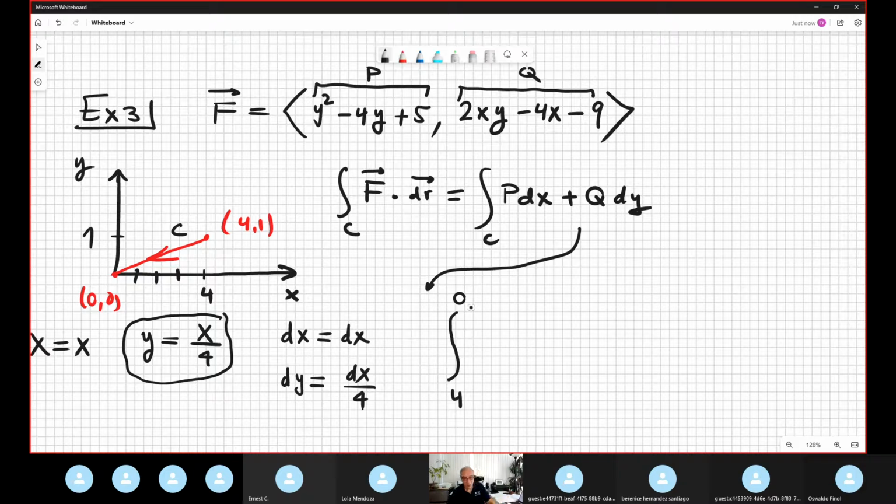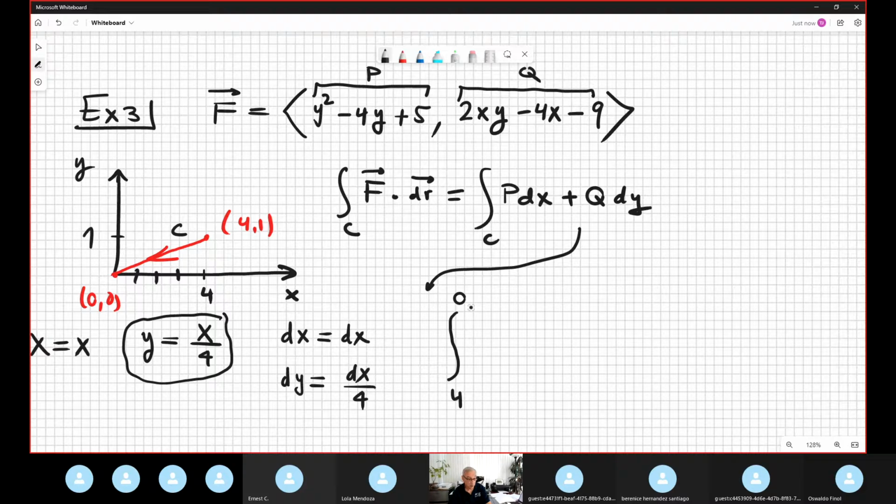You put the starting point as the lower limit, and the end point as the upper limit. I put it intentionally to illustrate that there are a lot of possibilities, and the orientation is given in the problem, and you respect this. And how is P? P is this expression that involves basically y, but I don't care because I know the connection. So I copy P.